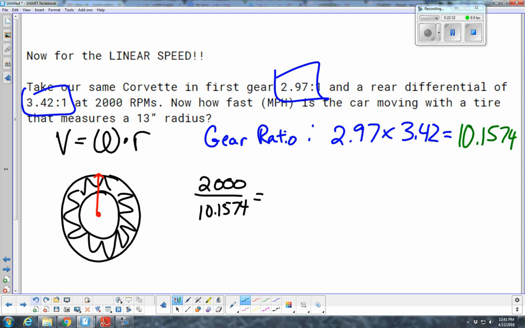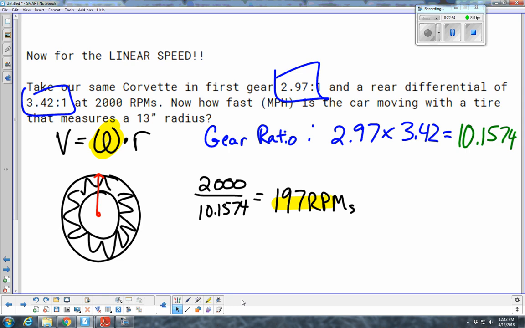That is our omega, not our W. I said, oh, that was terrible. Now all we have to do is multiply by the radius. To multiply by the radius, we do a little bit of unit conversion, and voila, we know the speed. It's as easy as that. So here we go. Our radius is on your paper.